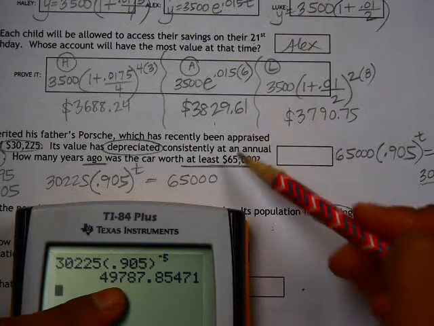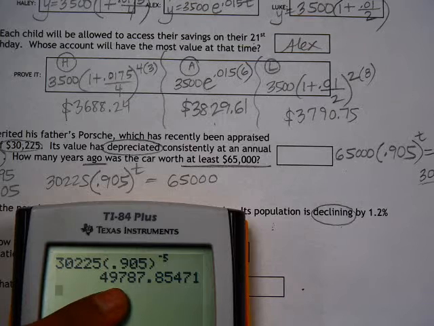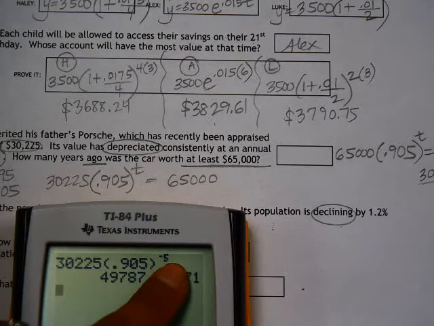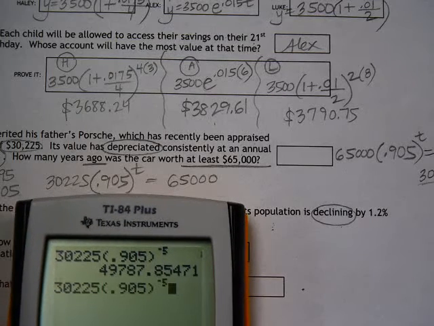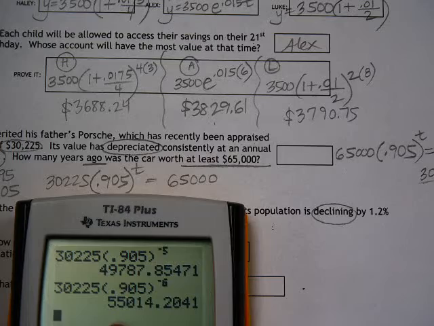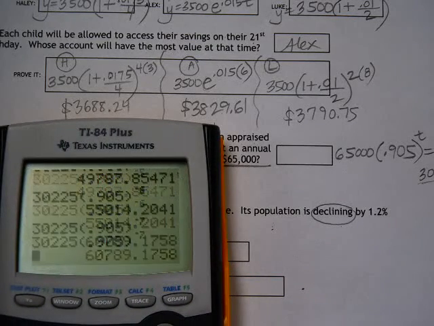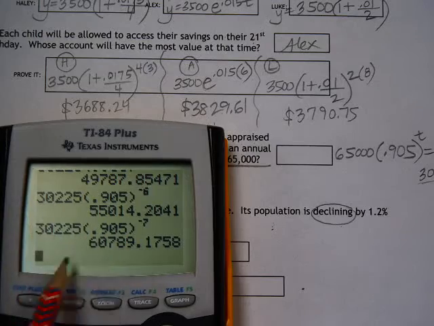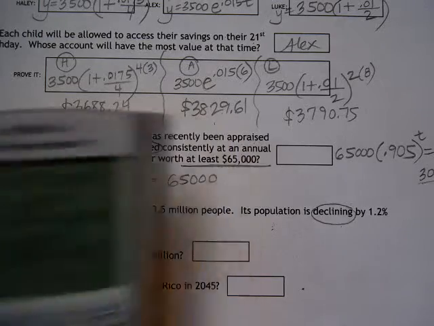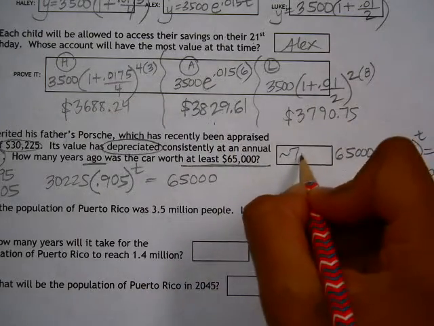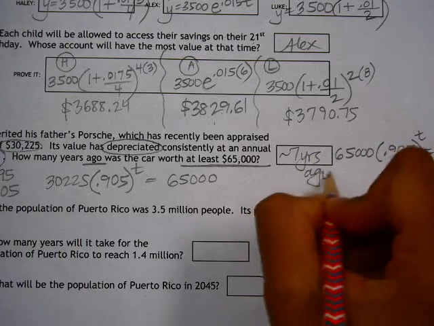We want the car to be worth at least $65,000. So I'm going to guess more years ago. So let's change that to 6. Okay, still not worth $65,000. I'm going to guess 7 years ago. Okay, and there we go, it's worth at least $65,000, so we can say approximately 7 years ago.